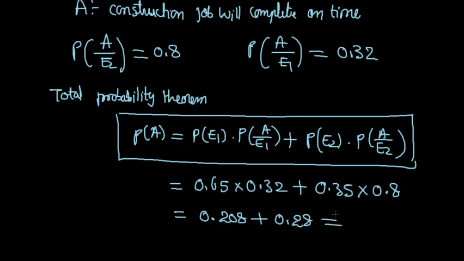Adding these two, the result is 0.488. So the probability that the construction job will be completed on time is 0.488. This is the answer.